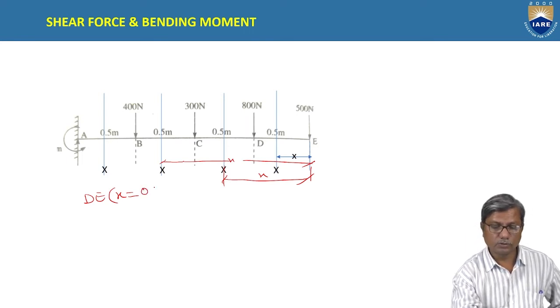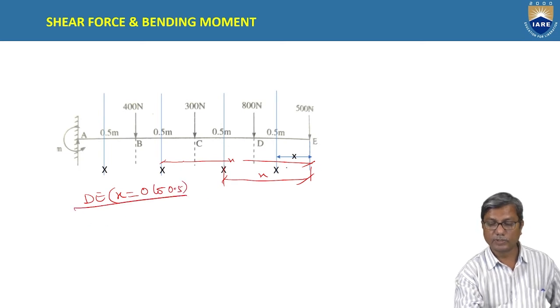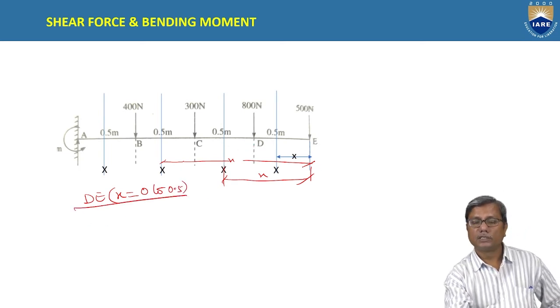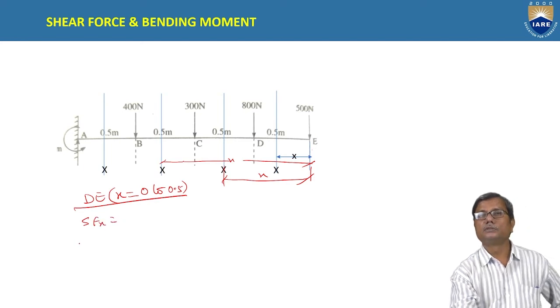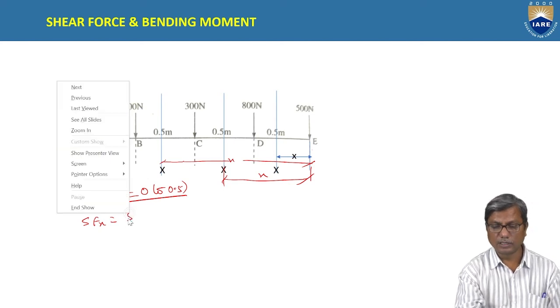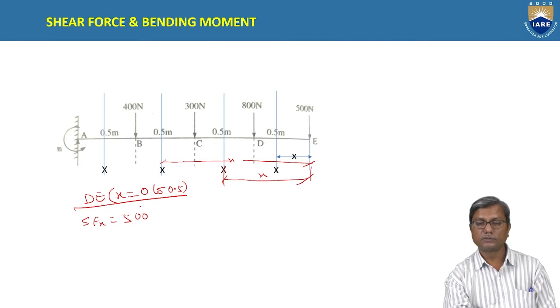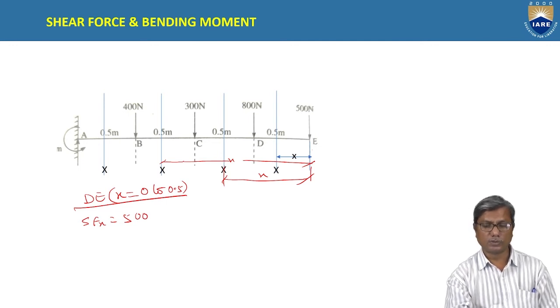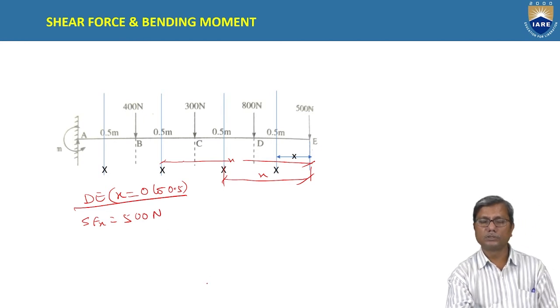X varies from 0 to 0.5. This section is valid between E and D only. The shear force at x will be 500 newtons. Downward on the right side it is positive, so it is positive.